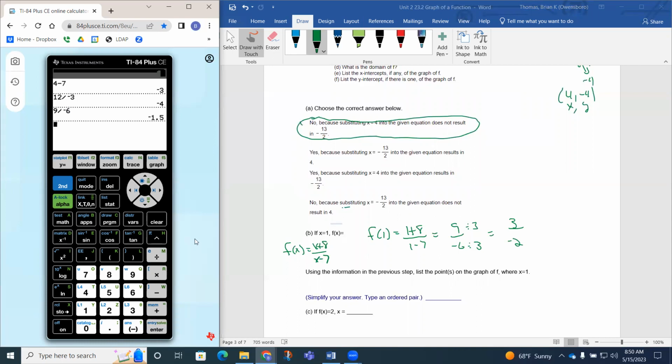It'll put it as a decimal. And then if we want to make that a fraction, we can hit the math button, and the first one says convert to a fraction. Hit enter, it gives me -3/2. So that would be the answer there, -3/2.